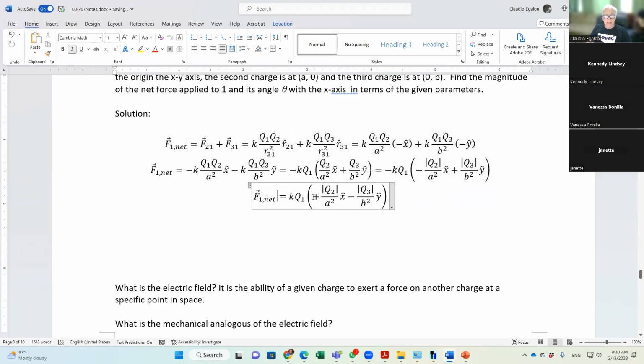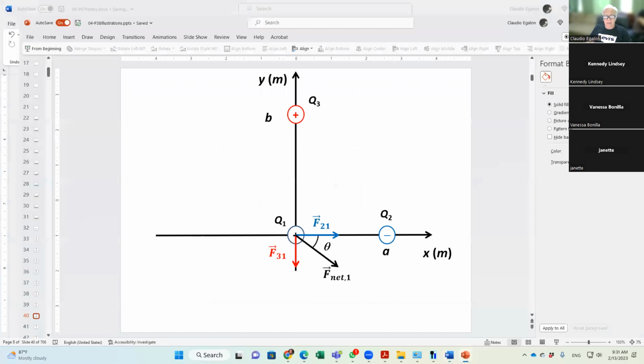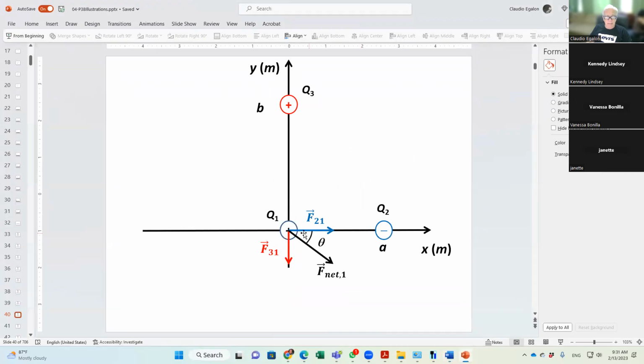Always check the illustration of your problem. This result here is telling us, and I didn't get the final result yet, we are just checking if everything is right, that the force due to charge number 2 is along the positive x-axis. Is it? Yes, it's pointing to the right.